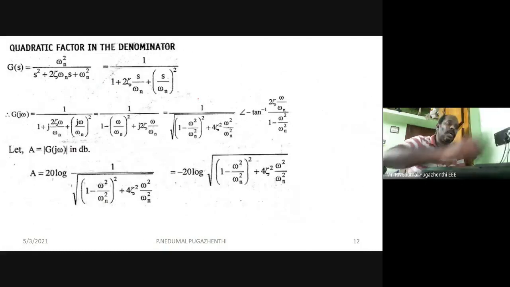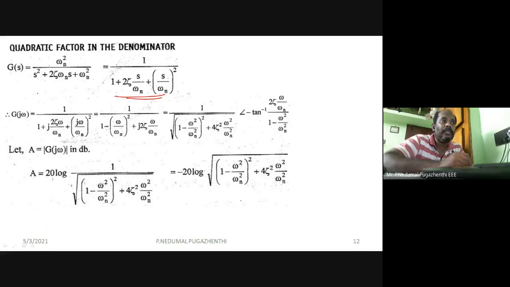If you have a quadratic factor like 1 plus 2 zeta s plus omega n, a second order transfer function, then convert that into the time constant form, as squared plus bs plus 1 normally. That last constant term should be 1. To make it simple, you will divide it by omega n squared.